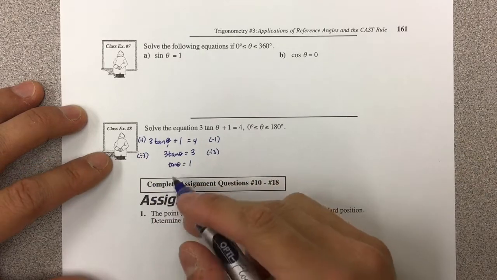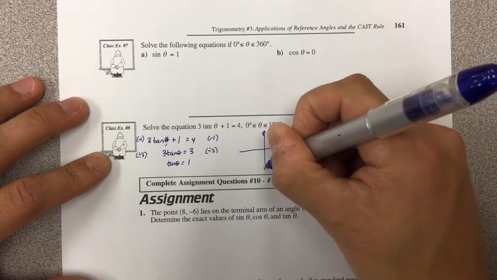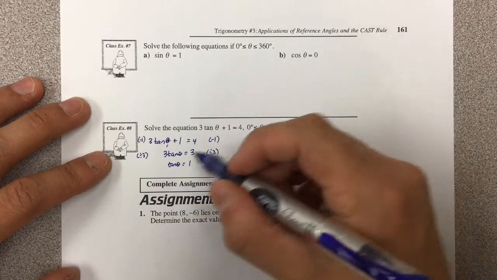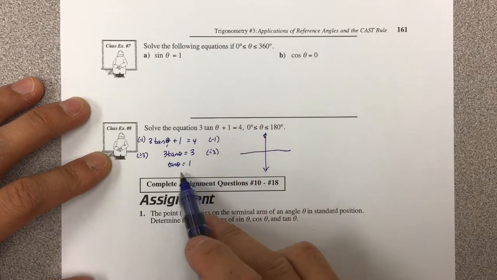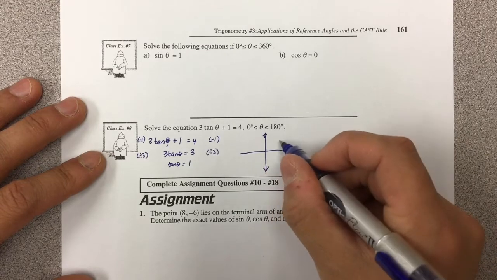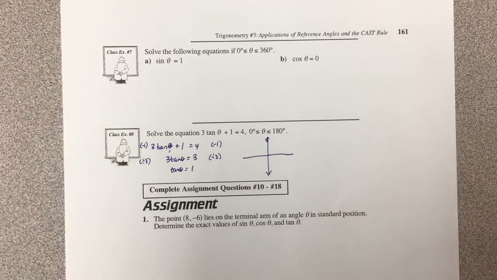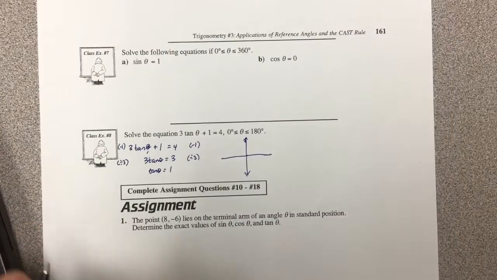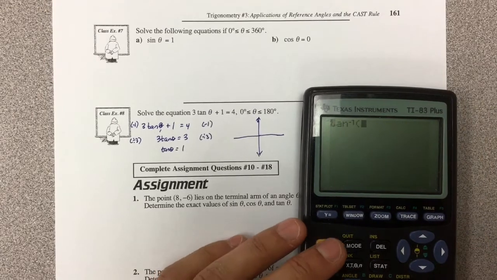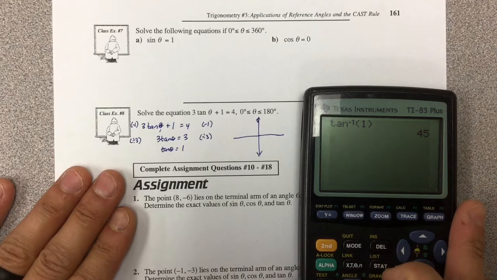First of all, I have a positive trig ratio, so if tan theta is positive, then it's going to be either here or over here. I'm looking for the absolute value as well, so inverse tan of 1 equals 45 degrees.